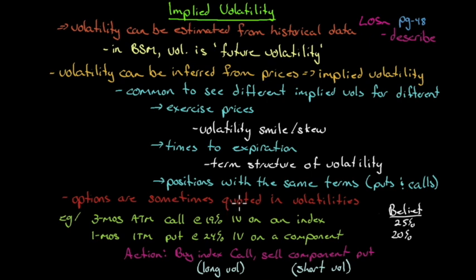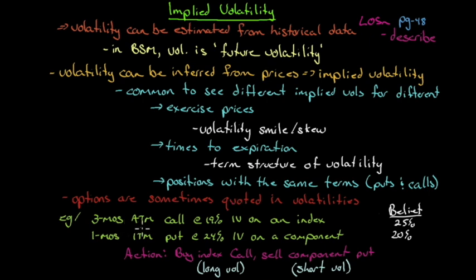Options are sometimes quoted in volatilities, and when we quote them in volatilities rather than price, we can say an option is overvalued or undervalued in terms of volatility. If the option is pricing in too much volatility, we can say, based on that measure, the option's overpriced. Rather than looking at the dollar value of the option, look at the implied volatility.